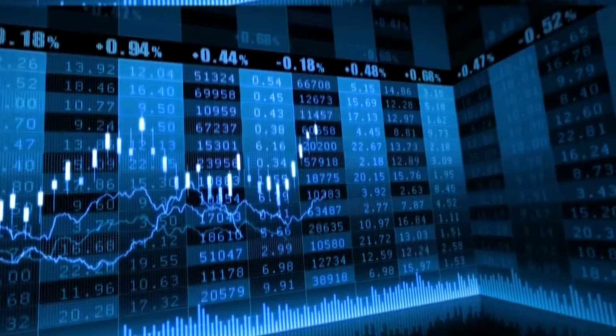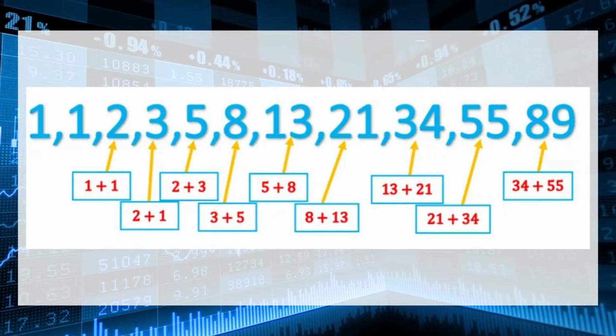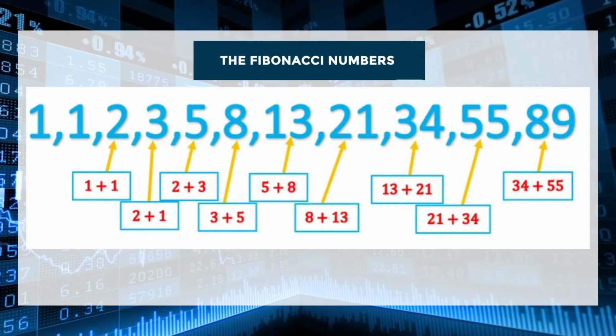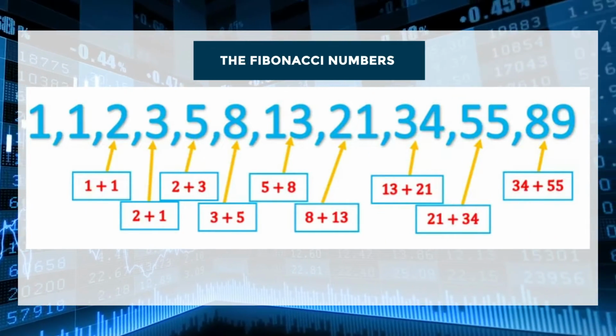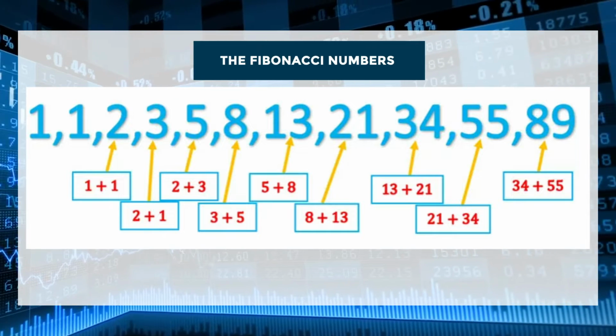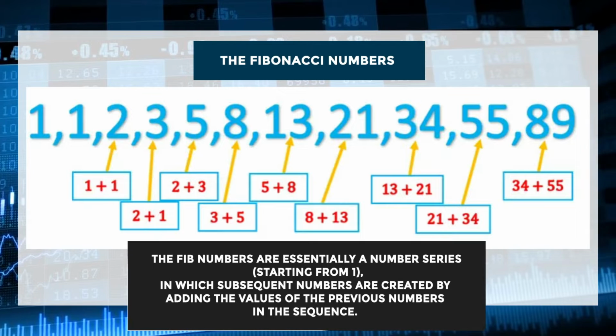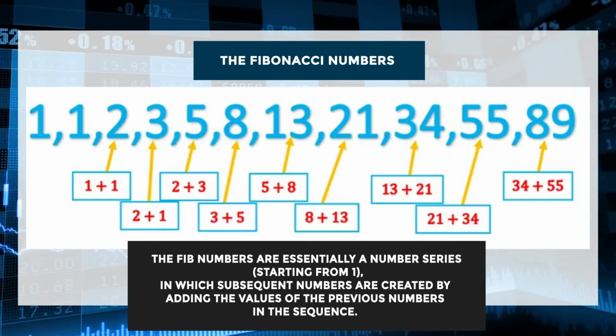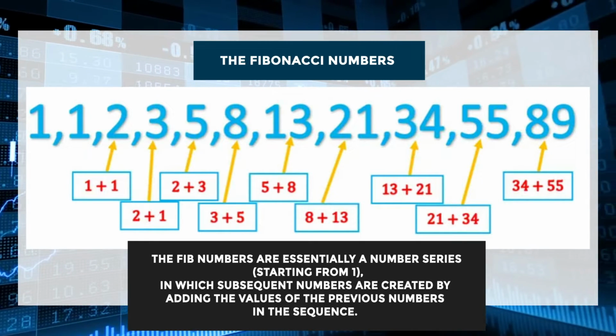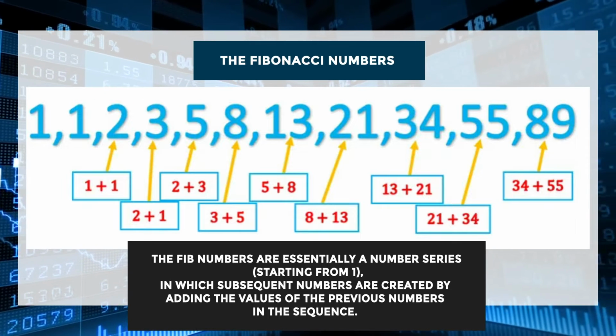Before we discuss the trading strategies for today, let's talk a bit about the Fibonacci numbers themselves. The Fibonacci numbers are essentially a number series, starting from 1, in which subsequent numbers are created by adding the values of the previous numbers in the sequence.